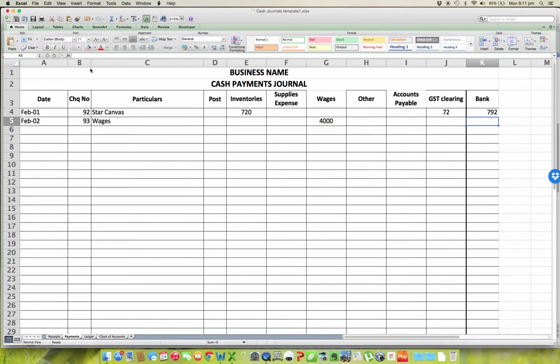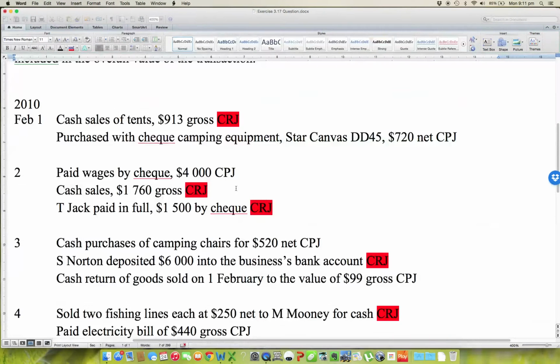We don't pay any GST on wages, so we can pop that straight into our bank column there. Make sure that we're crossing these out or highlighting them as we go, just so we can make sure that we've done them.